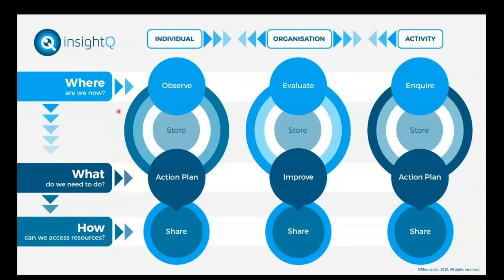So if we go back and look at where we are now, Observe is one of our software modules, and at an individual level, Observe supports peer observations at any stage of the learner, employer or customer journey.